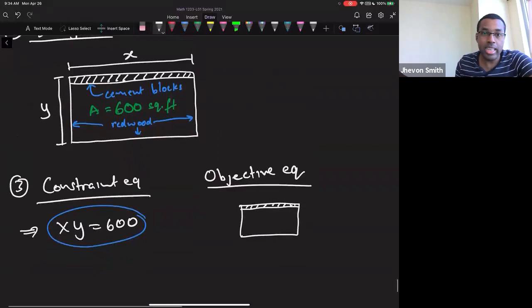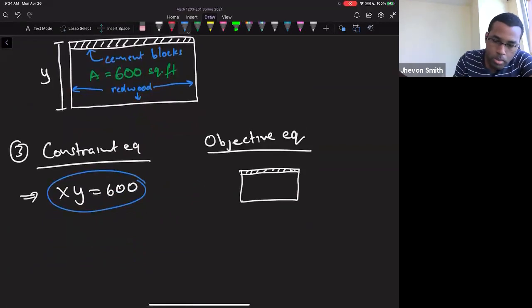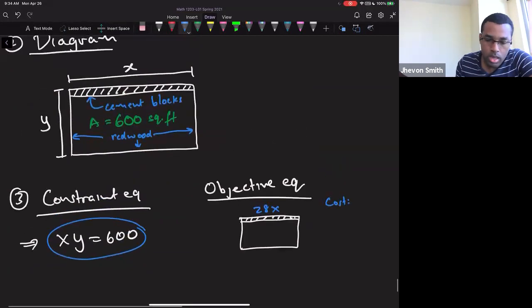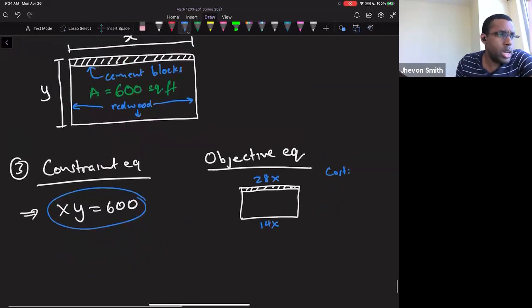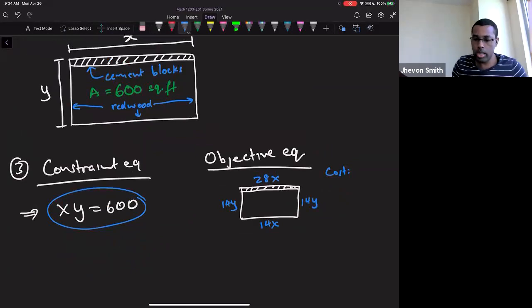So we know that this length is X, so we need the cost. We were told the cost is $28 per running foot. So if I put in cost here, this is going to be 28X, right? And then the other side is going to be 14X. And then this part is going to be 14Y. This part is going to be 14Y, right?